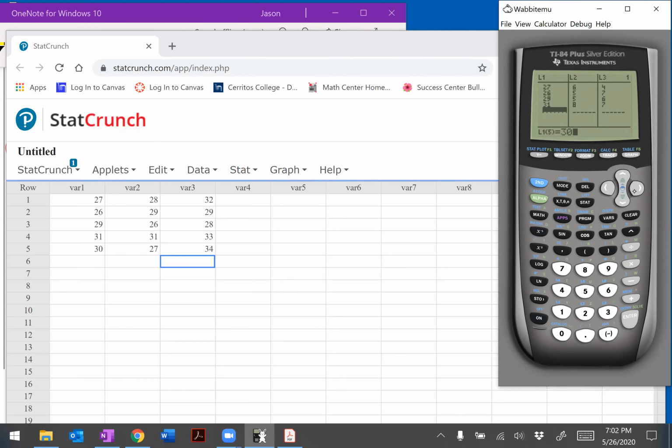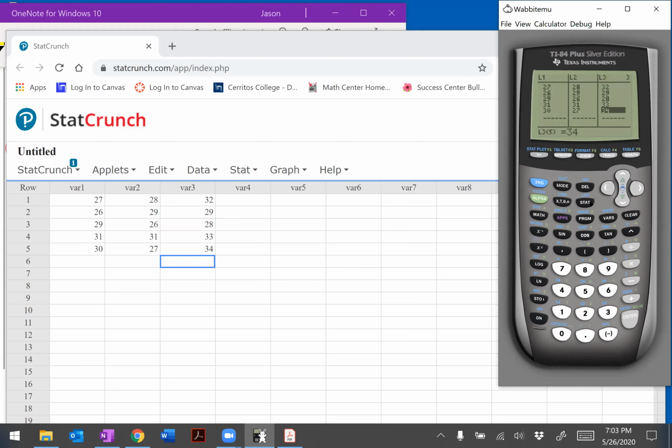Plug that in there, enter, and move it over to the next list. 28, 29, 26, 31, 27. Arrow that over, arrow up, 32, 29, 28, 33, and 34. Oops, not 3, 33.